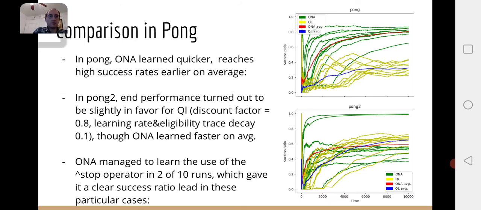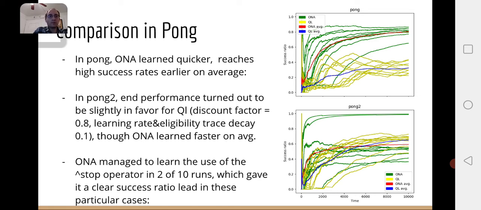I did some initial experiments in Bang. Interestingly, at first I thought it would not be comparable, but actually it turned out that ONA tends to learn quicker because it's not that sensitive to those learning rate and learning rate decay choices, and reaches high success rates early on average.